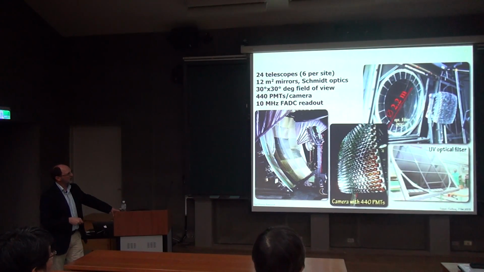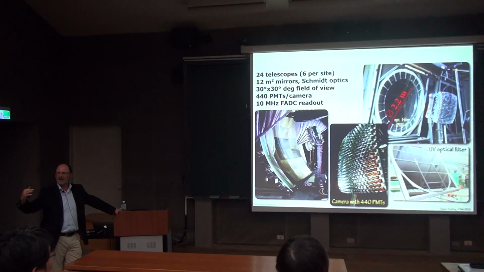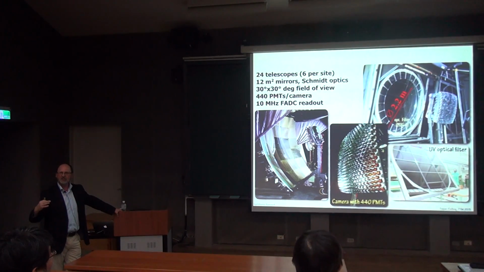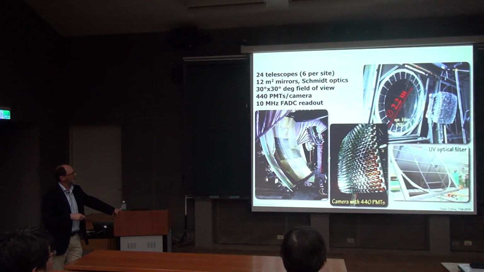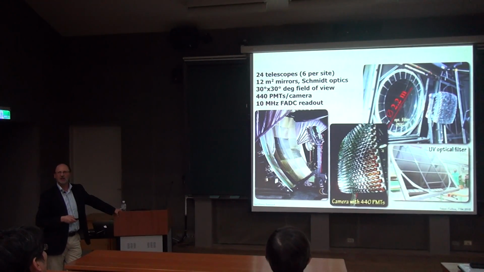There's an entrance window, a UV optical filter, just to filter out the starlight, and the fluorescence light is more in the UV range. This is a camera with 440 phototubes, located here, and it sees the light which is reflected by this 12 square meter mirror. So in total, we operate 27 of these telescopes here.